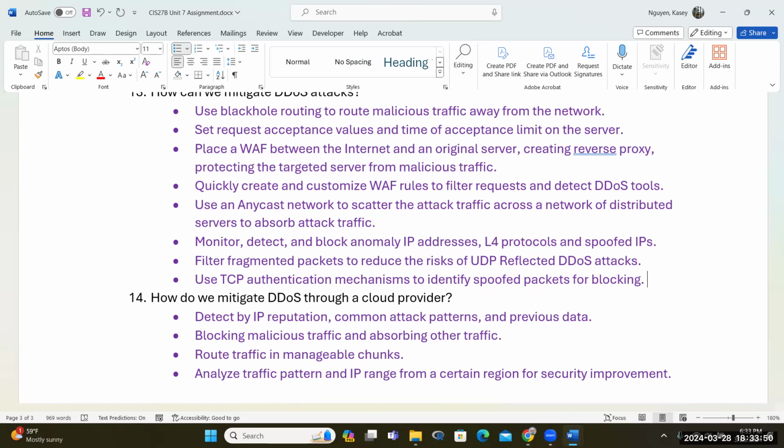We would block malicious traffic or absorb it, just like what we do in the network, because a cloud environment is just a remote network that's attached to our network. You can also route traffic in manageable chunks, so we need to do quality of service this way.